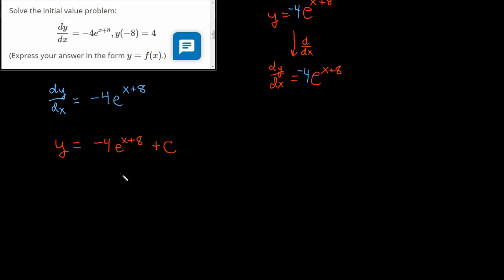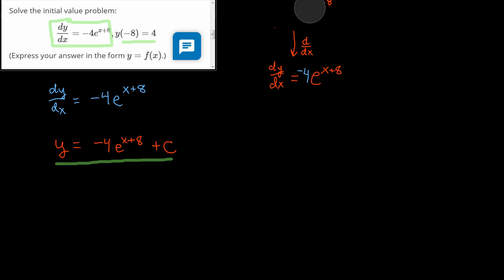This function right here satisfies this part right there. But we still have this big question mark about the c. And that's where we're going to use the second part of the information that the problem gives us.